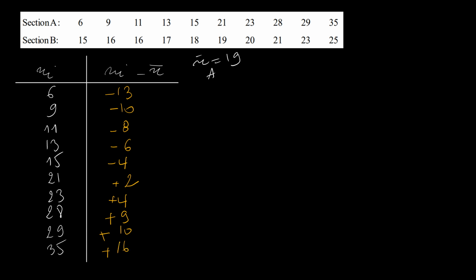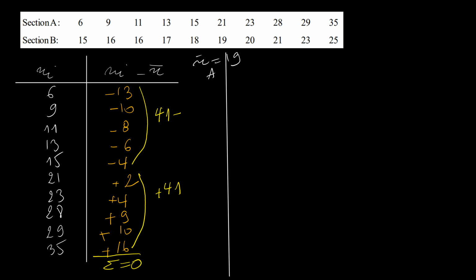If we sum the negative signs here, we find minus 41, and the positive signs here give plus 41. So the sum equals 0. The sum of deviations of scores from the mean is 0. Is it a coincidence?